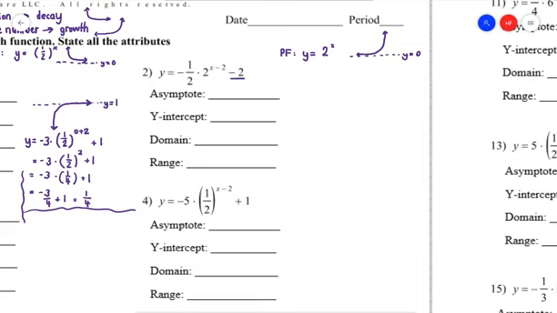The asymptote is moving down 2, so y equals -2 is now my asymptote. I do have a reflection because it is -1/2, so my new function will look like that, with the asymptote moved to y equals -2.